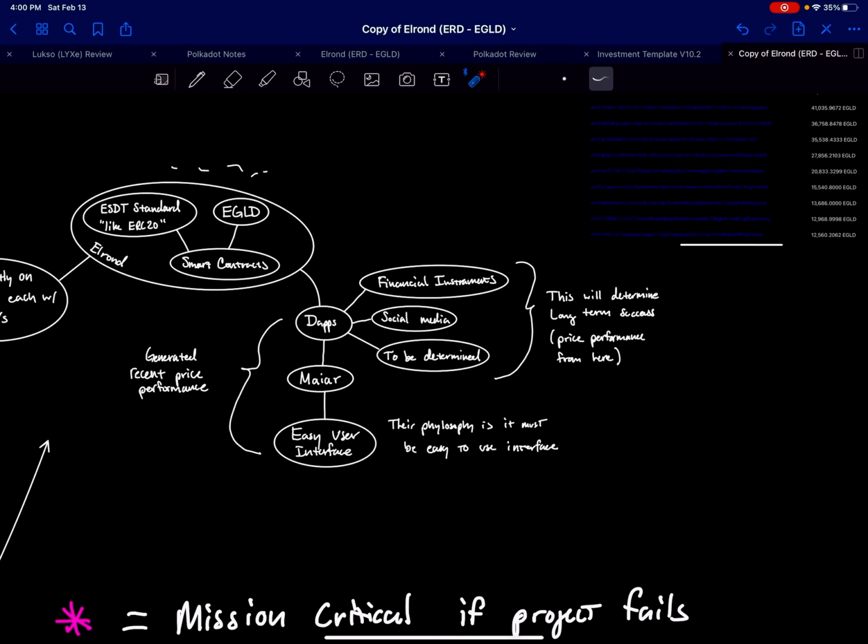But now in the future, it is my speculation that in order for price performance to be sustained in the longer run, they're going to need dApps that start opening up, such as financial instruments, social media, or to be determined, like whatever else can be utilized through blockchain, which is about anything you can think of, really. This will determine long-term success of price performance from here.